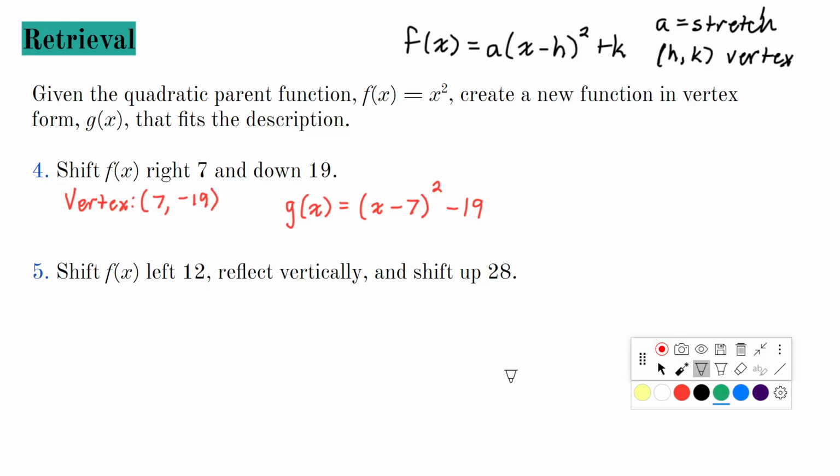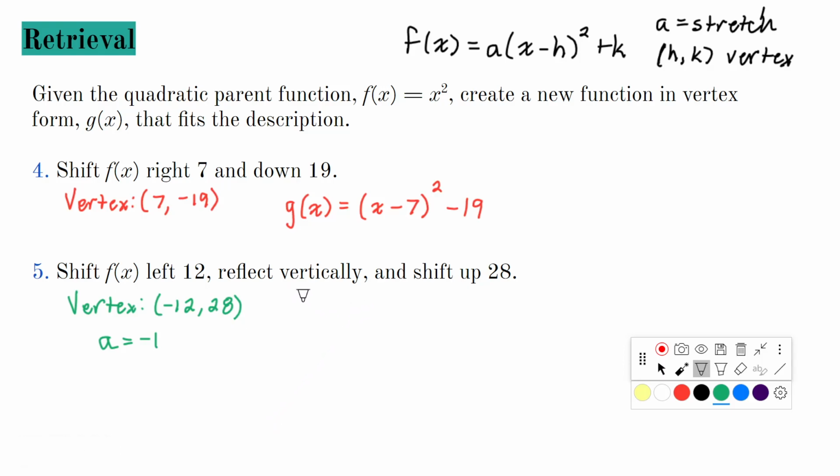If we take a look at number 5, left 12, so that places my vertex at negative 12 for the x value. Reflect vertically, that means my a value is at least a negative 1, and shift up 28. So that makes the y value of the vertex 28.